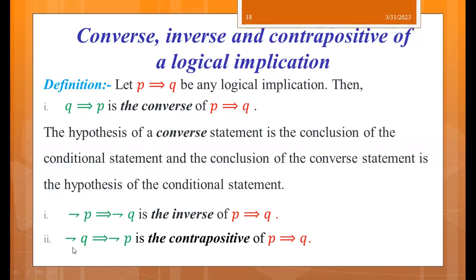So the contrapositive of the logical implication is the converse of the inverse of the same logical implication. That is, this is the inverse, negation of P implies negation of Q, and the converse of it gives the contrapositive. Therefore, this is the relationship between the inverse and the contrapositive of a logical implication.